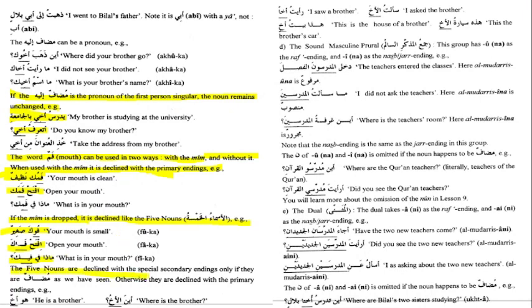And also the five nouns are declined with special secondary endings only if they are mudaf, as we have seen. Otherwise, they decline with the primary endings. Another group that uses the secondary endings among the nouns is the Jam'u Muzakkar Salim.